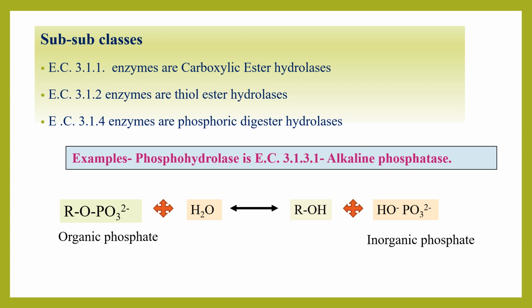And the example here we are seeing is phosphohydrolase whose enzyme commission number is 3.1.3.1, and the trivial name for this enzyme is alkaline phosphatase, which is involved in the removal of phosphate from the organic molecules, leading to the formation of inorganic phosphate.